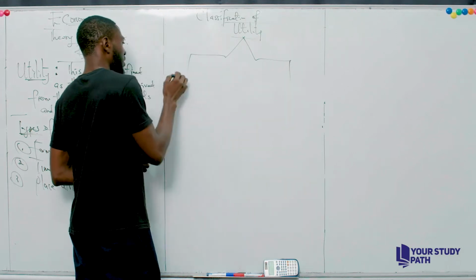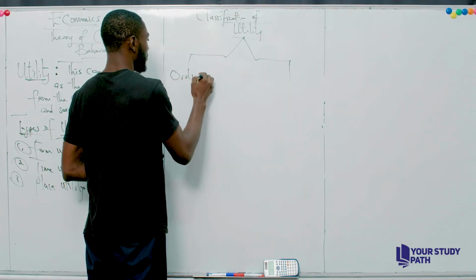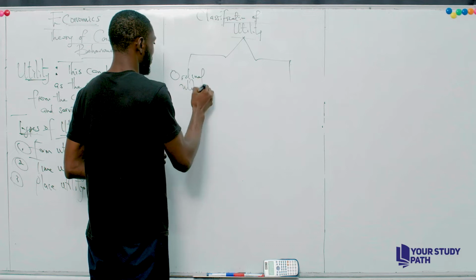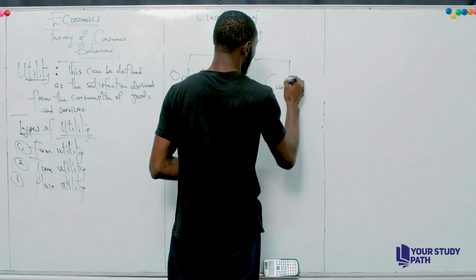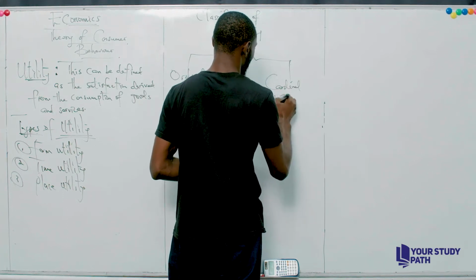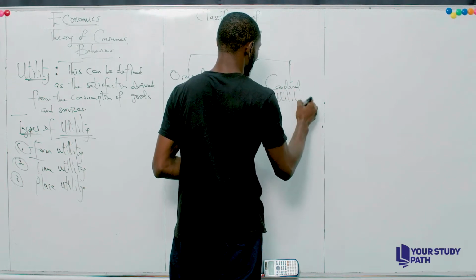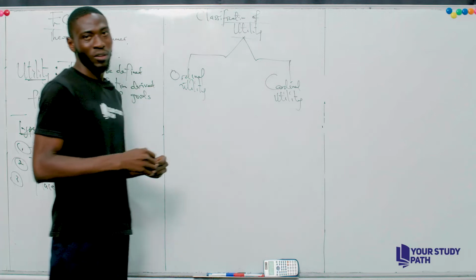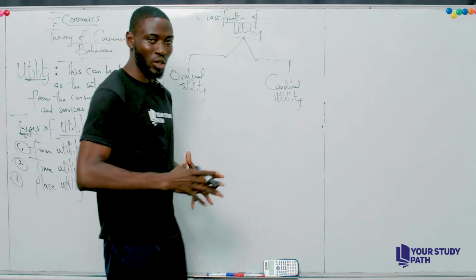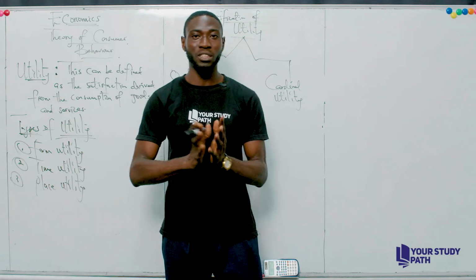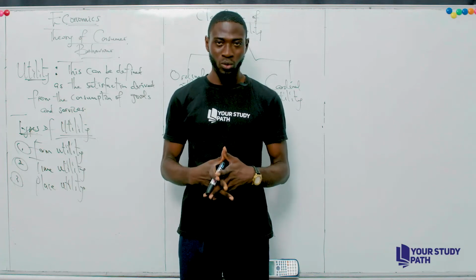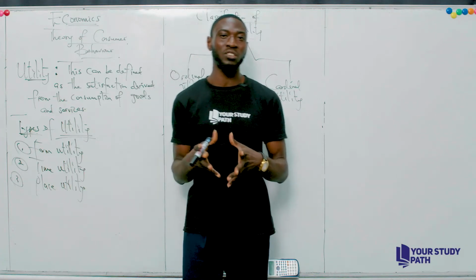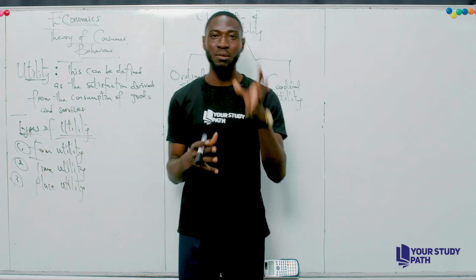The first part is the ordinal utility, and the second part is the cardinal utility. We all agree that utility simply means satisfaction derived. So let's say somebody gives you a blow. The person derives a particular satisfaction from launching a blow on you.